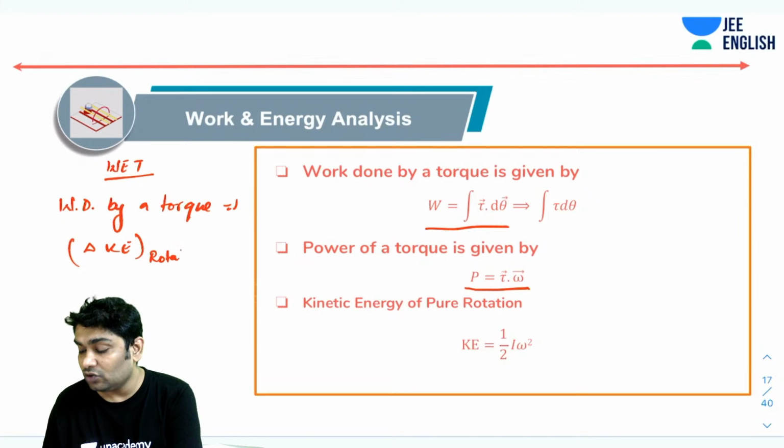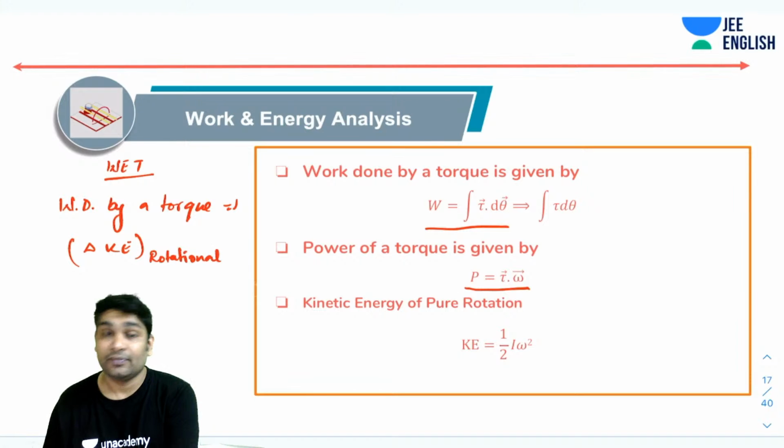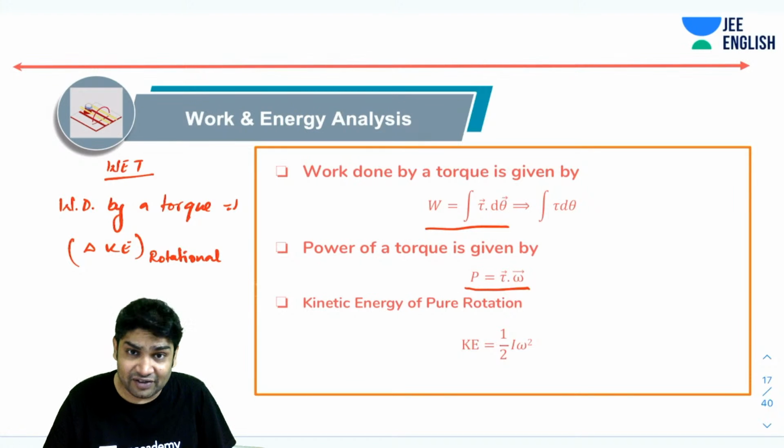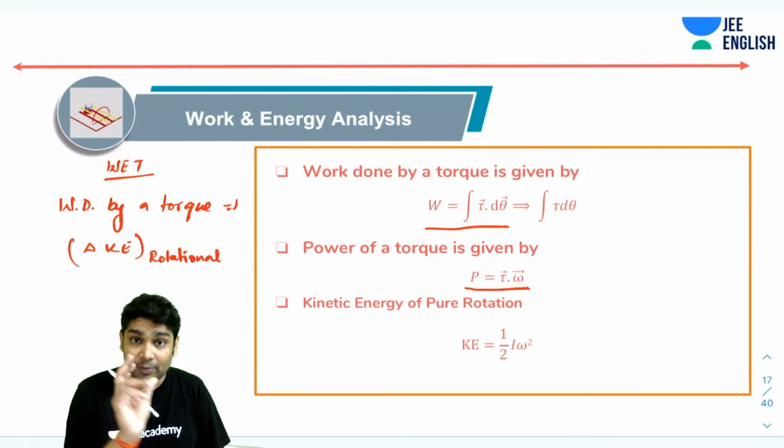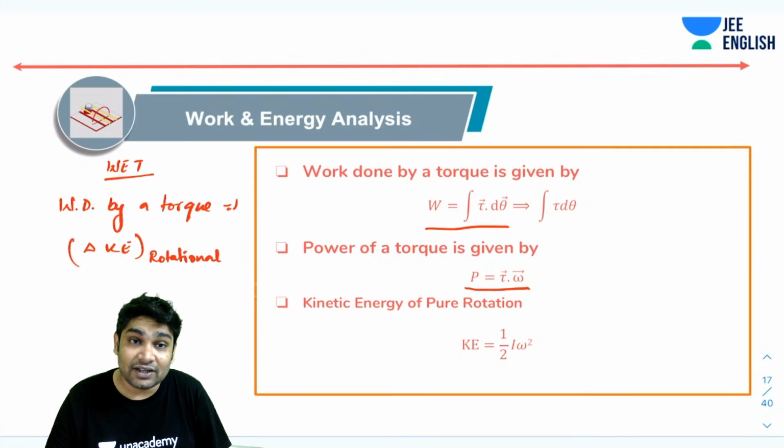So when torques do work, they change the rotational kinetic energy. We will discuss this also, that a body can have two kinds of kinetic energies, one rotational and one translational. When a body was translating, then the kinetic energy associated with it was called translational kinetic energy. If a body is performing pure rotation, then the kinetic energy associated with it is called the rotational kinetic energy.